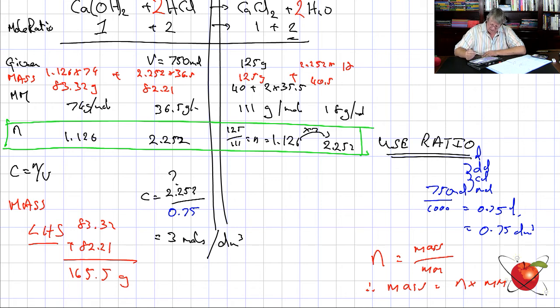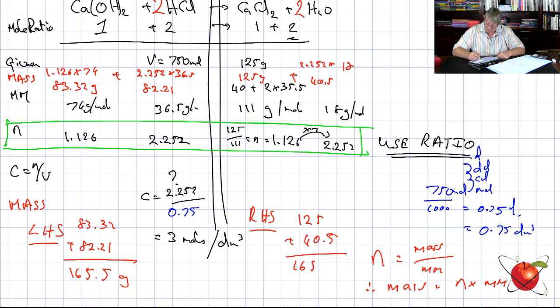The next one, let's look on the right-hand side. This is where we see if we've made a mistake or not. It's going to be 125 plus 40.5, which is 165.5 grams, and they must be equal.